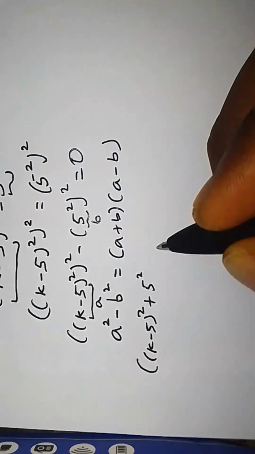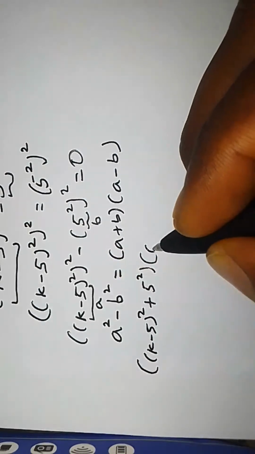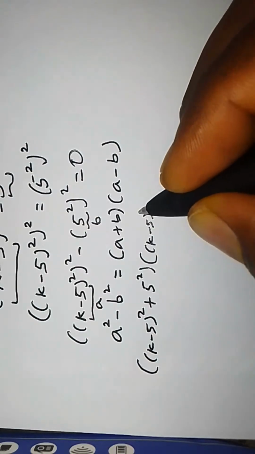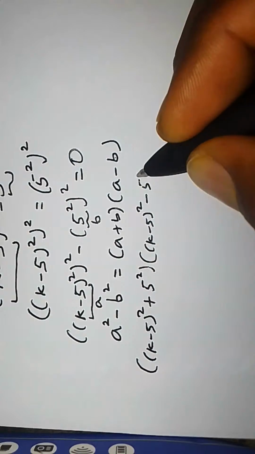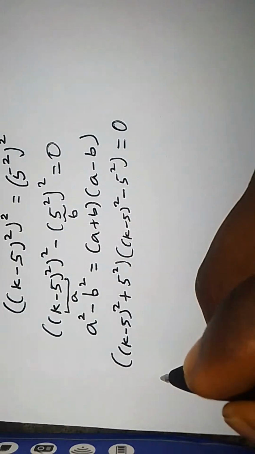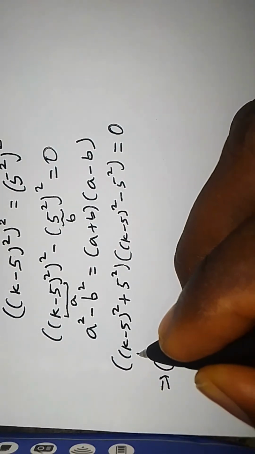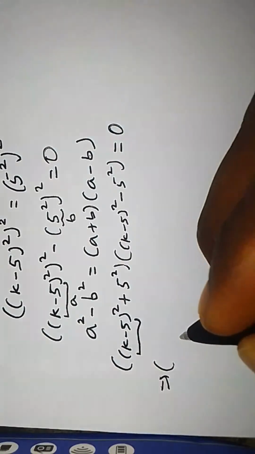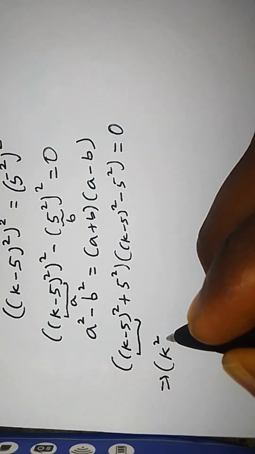Let's continue. So we have times a, that is (k minus 5) squared, minus b, 5 squared, equal to 0.